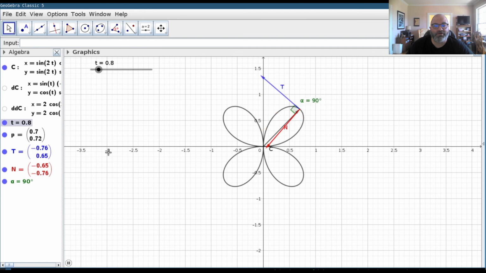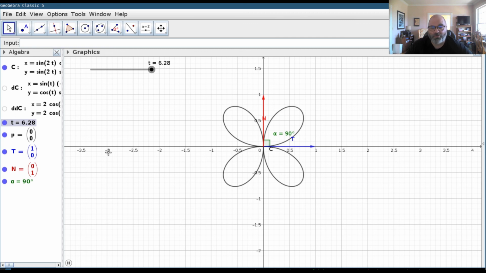As we slide it around, sure enough, we get this coordinate system that rotates relative to our fixed coordinate system. On the curve, one of them is in the direction of motion, and one of them is perpendicular to that direction of motion. And so that really gives us what our unit normal vector is and what our unit tangent vector is.